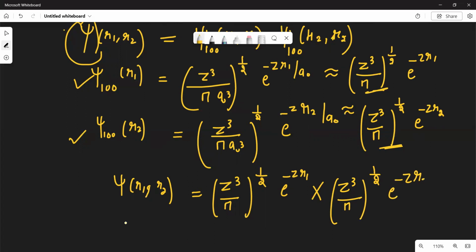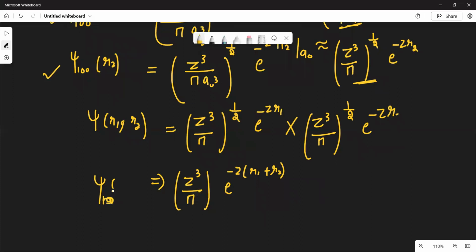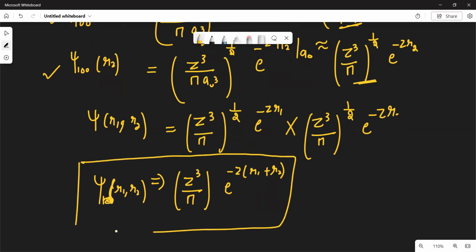Now we will solve it. We will combine the similar terms. Now z cube by pi is 2 times, so that will remove the under root. And the exponential term powers will be added. Here z is common, so I'll write r1 plus r2 in the bracket. So this is the wave function for helium for 2 electrons. Okay. So you can mark this equation third.